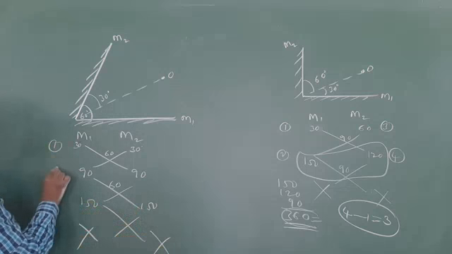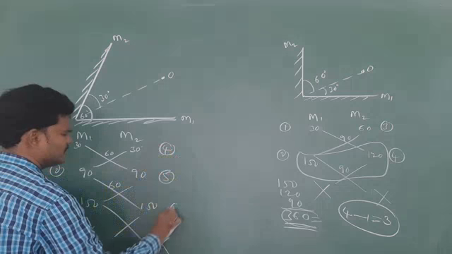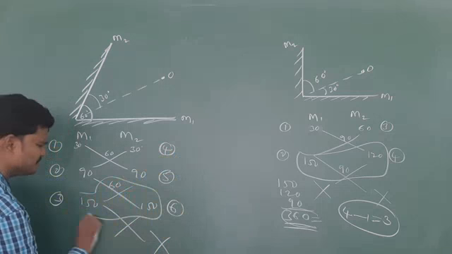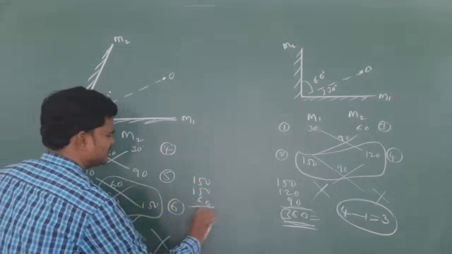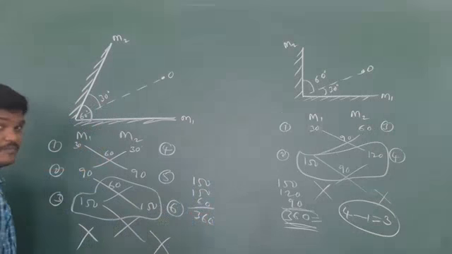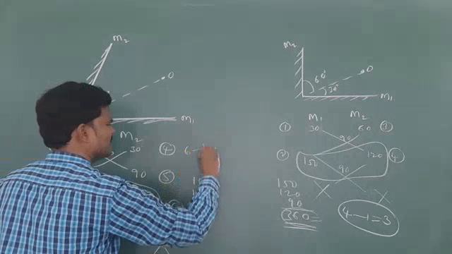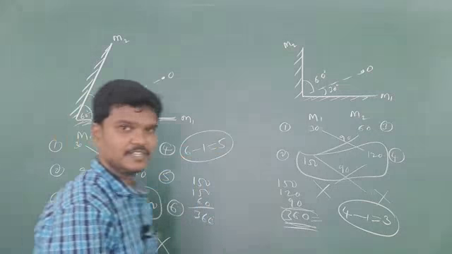Now number of images 1, 2, 3, 4, 5, 6. Check the last three numbers: 150, 60. How much? 360. Then number of images is equivalent to 6 minus 1, which is 5. You verify with formula, no doubt you will get 5.